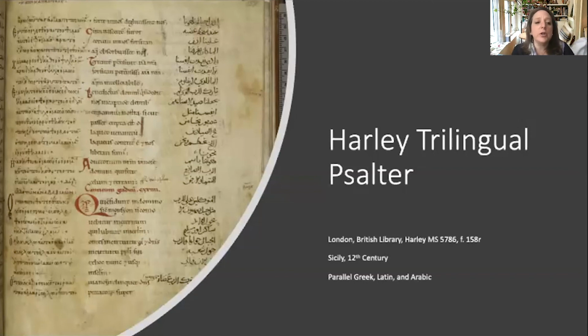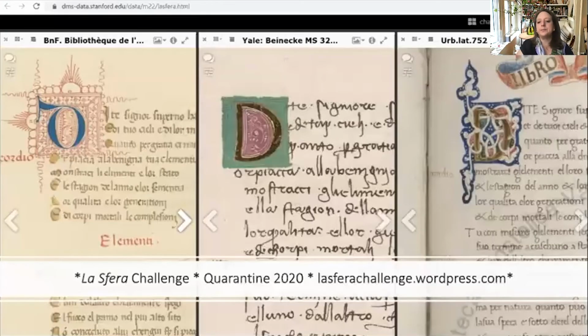And I would argue that bringing something like this Harley, the trilingual Psalter here, bringing this to your students and suggesting that they might want to transcribe part of it, the part that they can transcribe, and then be able to look at this interrelationship between different kinds of hands and different kinds of languages working cooperatively might be a way to open up some interesting questions that we all would like to bring to our students at this time. So that's just a different way of thinking about transcription.